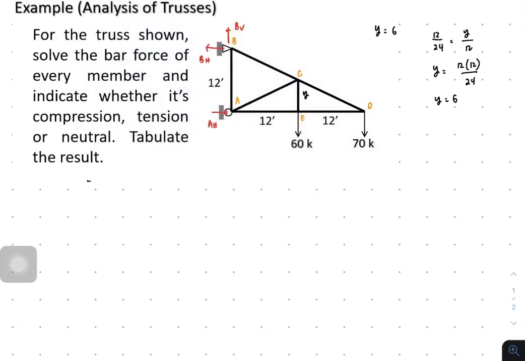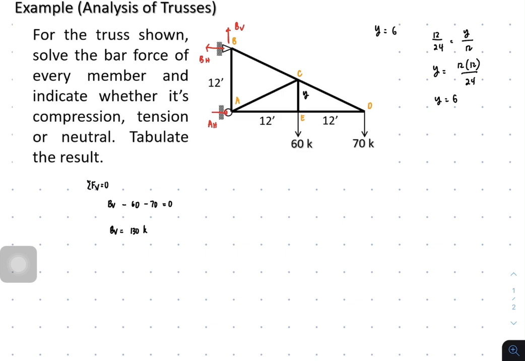Summation of forces vertical equal to 0. We will have BV upward minus 60 kips minus 70 kips equal to 0. So BV is equal to 130 kips.